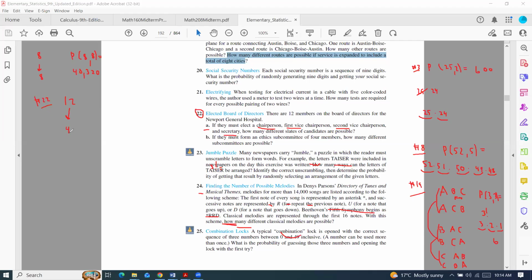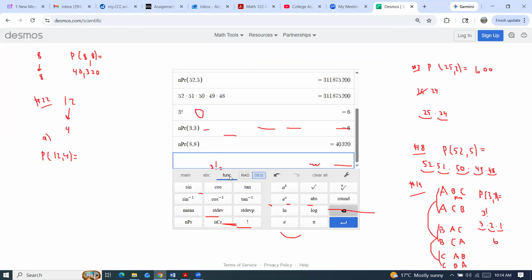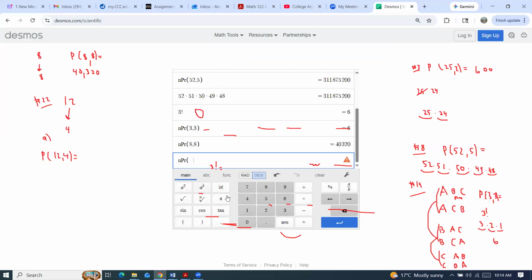So when I do that, I'll use permutations from 12, choose 4. So that's part A of the exercise, analogous to everything we've done so far. So I can, again, use my favorite calculator, I'm very proud it is available. So functions, permutations, right, and enter 12, comma 4.